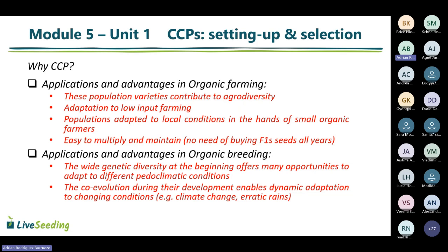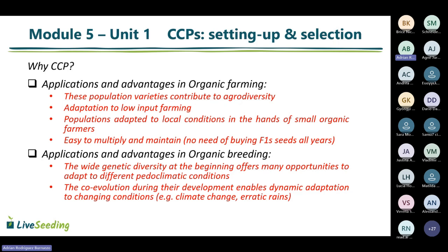They are usually populations adapted to local conditions that can be in the hands of small organic farmers. And also an advantage for these organic farmers, they are easy to multiply and maintain because there is no need to buy F1 seeds every year from seed companies. So they are easy to keep and multiply.